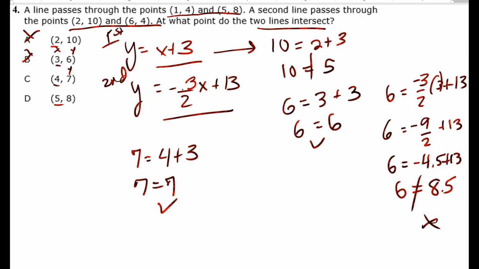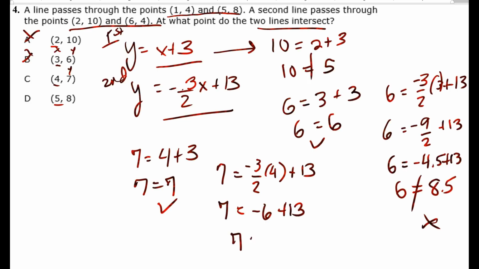And now we're going to say that 7 is equal to a negative 3 over 2 times 4 plus 13. And we're going to check. All right, so 7 is equal to, this is a negative 12 over 2, which is a negative 6. And a negative 6 plus 13 is 7.